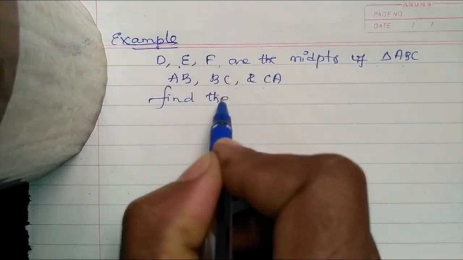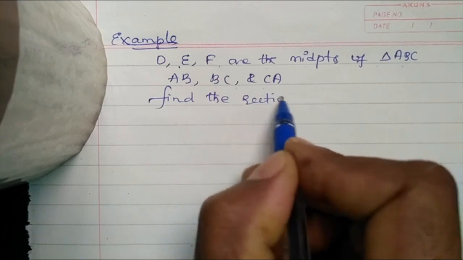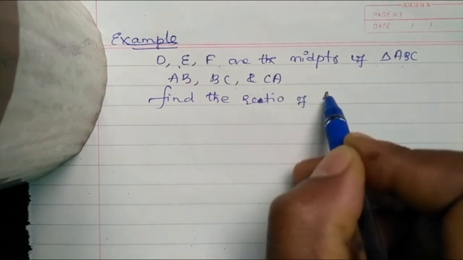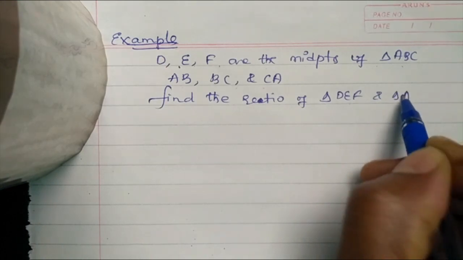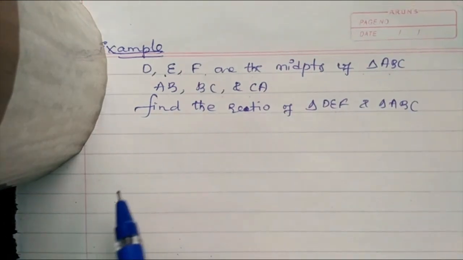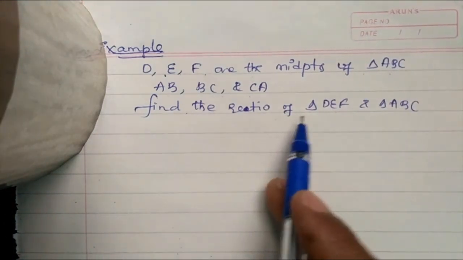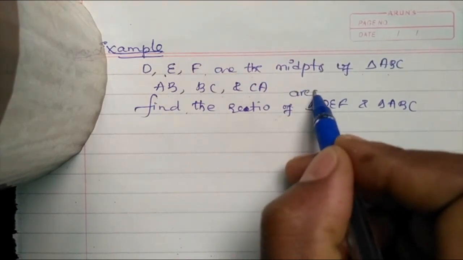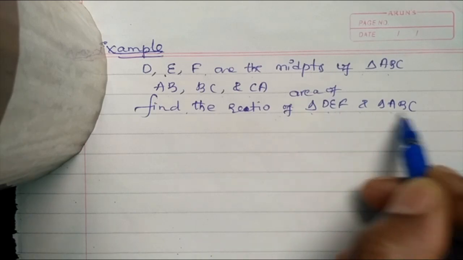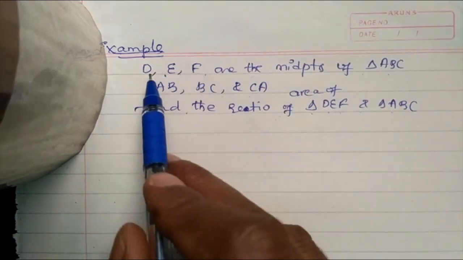Find the ratio of areas of triangle DEF and triangle ABC.